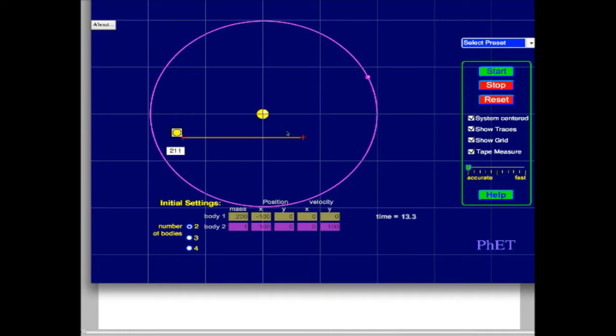Now, what's the centripetal force here? Well, if I stop it at any given moment, the force between these two objects is the force due to gravity. Whenever you're close to the surface, the force due to gravity is just mg. So whenever you're close to the surface of a planet, it's just your mass times the gravity at that particular section.